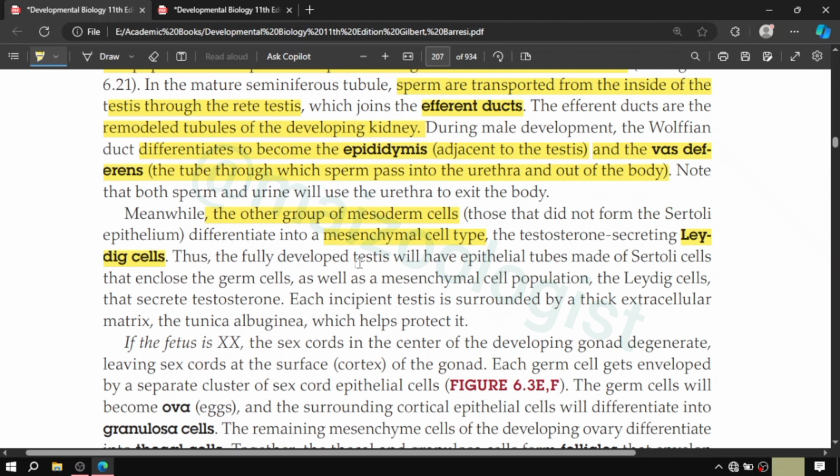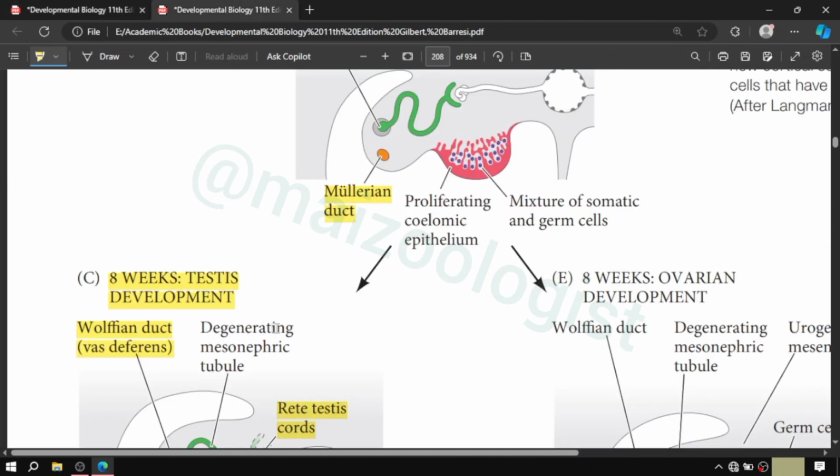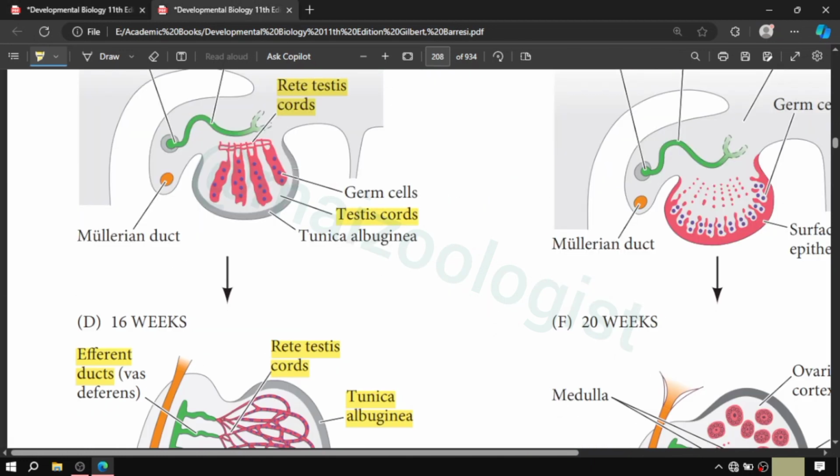Thus, the fully developed testes will have epithelial tubes made of Sertoli cells that enclose the germ cells, as well as the mesenchymal cell population, the Leydig cells that secrete testosterone. And each incipient testis is surrounded by a thick extracellular matrix, the tunica albuginea, which helps protect it. So this tunica albuginea is the extracellular matrix protecting the testicle.